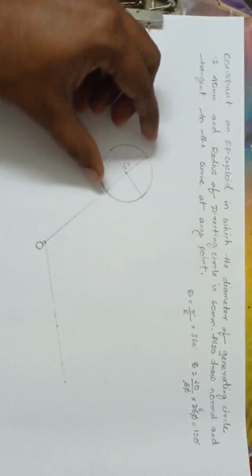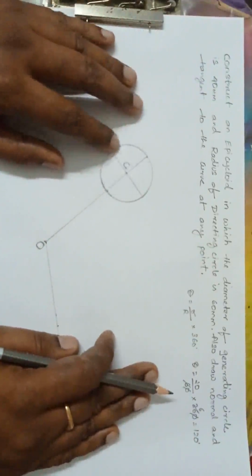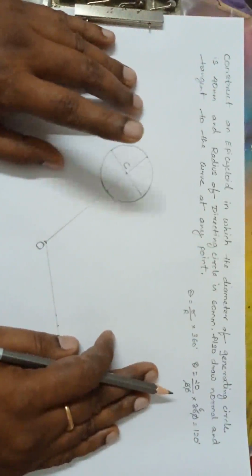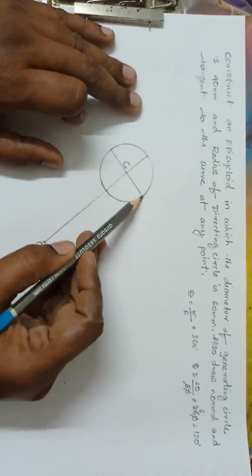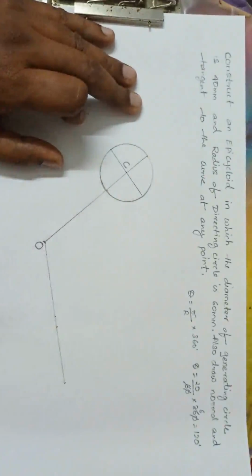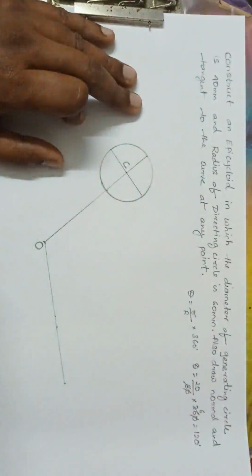Now let us come to this circle. Now again we have to divide this circle into 12 equal parts. See here, one thing I did: this line and this line, the diameters, should be at 90 degrees, otherwise we cannot draw. Okay, now divide this circle into 12 equal parts. How to divide?